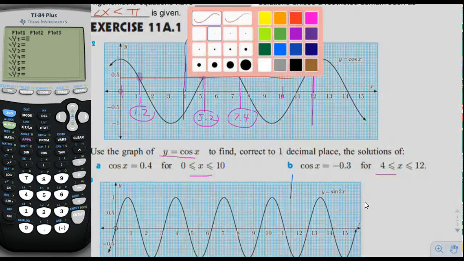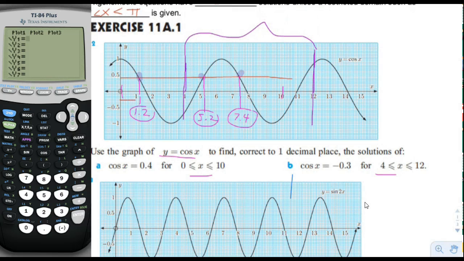That would be about, maybe a little bit lower, maybe like there. So how many solutions? There's one there, one there, one there, and one there.